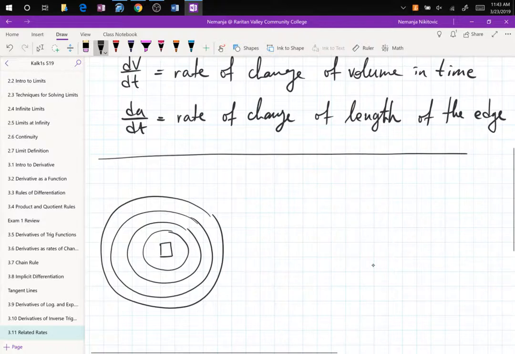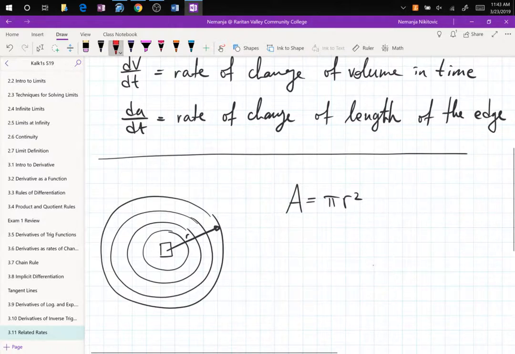Volume and area for a ball, and area and circumference for the circle. All right. So area is equal to pi r squared. So area depends on the radius. Radius is the measurement from the center to the edge of the circle.